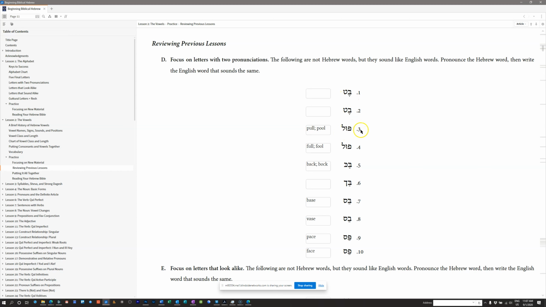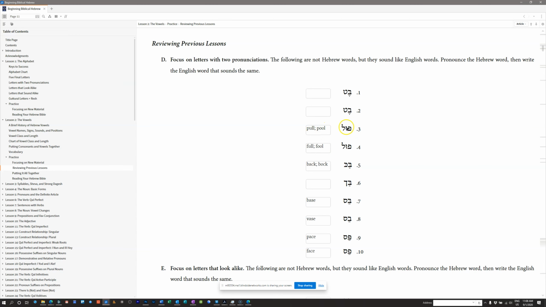All right, this next one here, 3 and 4, again, we're looking at the pe with and without the dagesh. So with the dagesh, it's the P sound as in pole, and without the dagesh, it's the F sound as in full. Now, I put a note here, depending on how you can pronounce this a couple different ways.